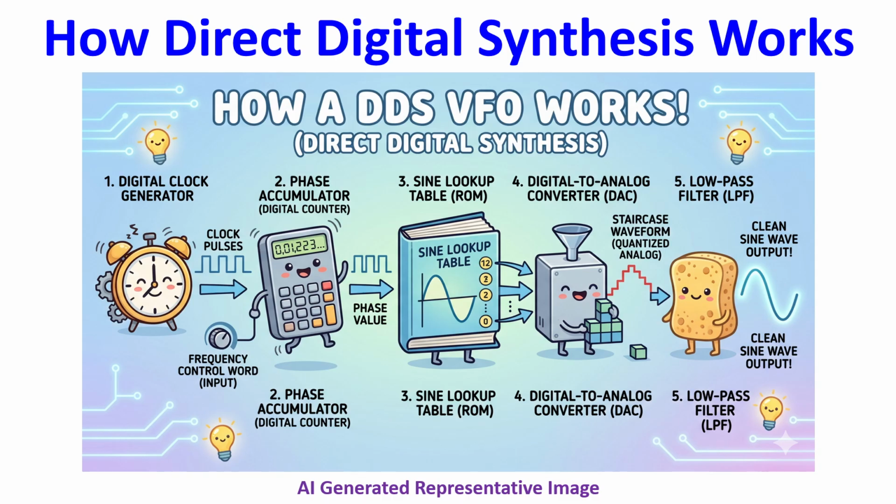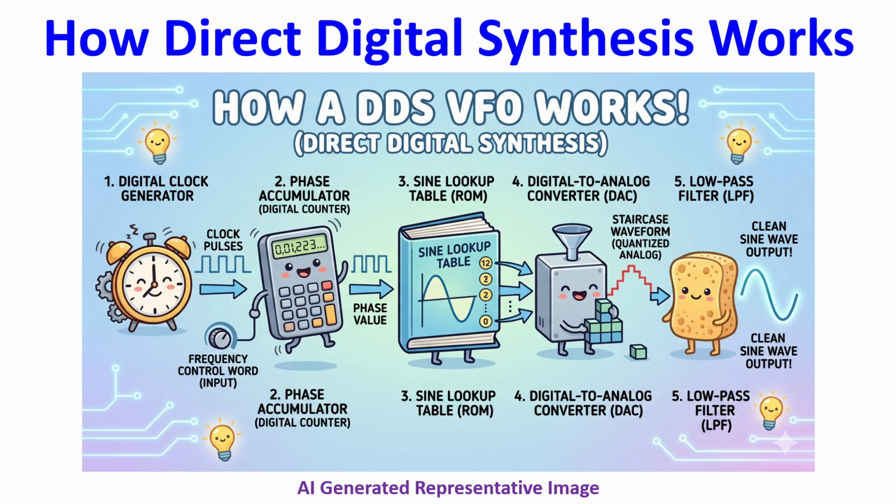Two, phase to amplitude converter, sine lookup table. The digital output of the phase accumulator represents the instantaneous phase of the wave. This phase value acts as an address for a digital read-only memory matrix that stores the corresponding digital amplitude values of a pure sine wave.